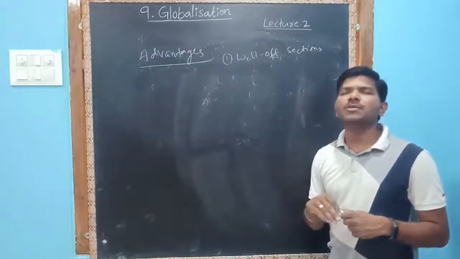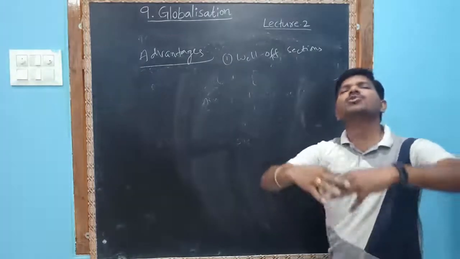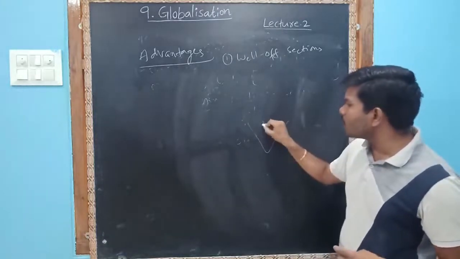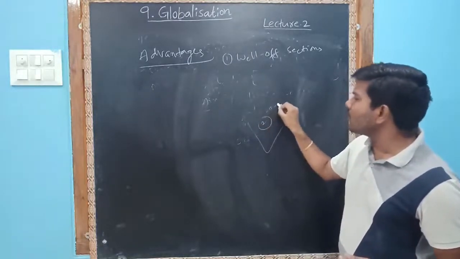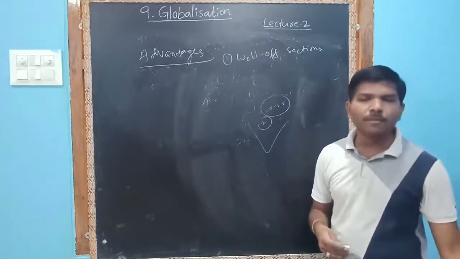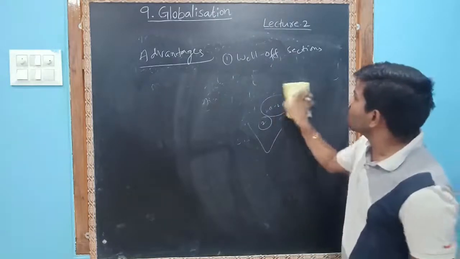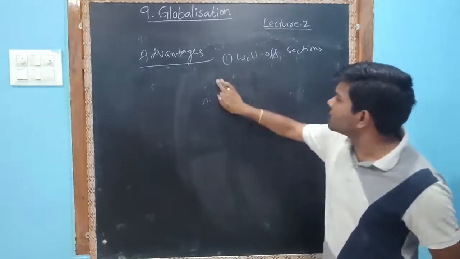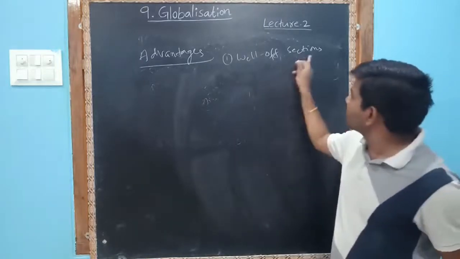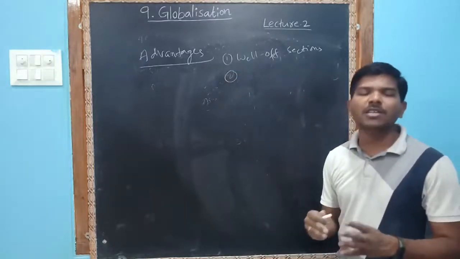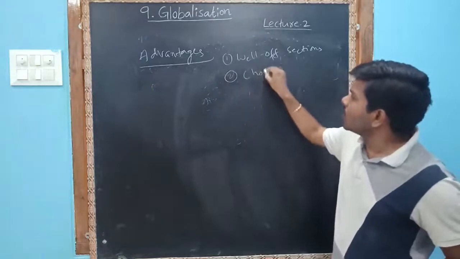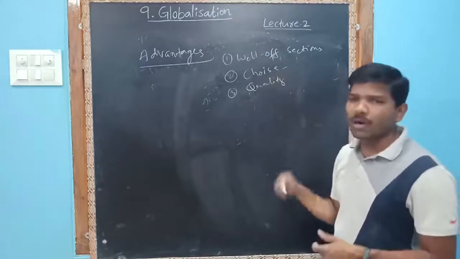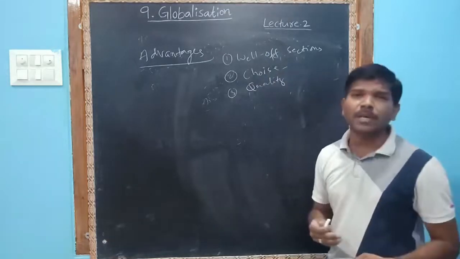Rich people may choose anything they want, because there are 20 to 25 choices due to many foreign companies. Before that, in India only 1 or 2 products were there, but now 20 to 25 products are there. Well-off section people can choose as per their choice and quality, whatever choice we want, whatever quality we want, because day by day quality will be improved.